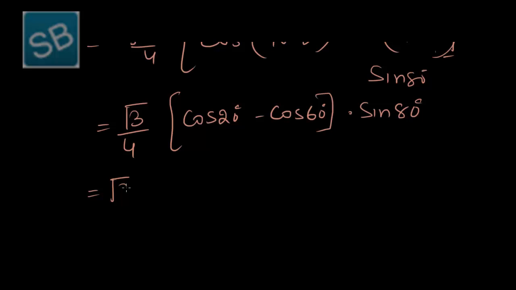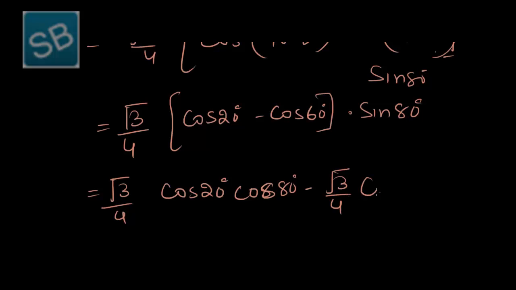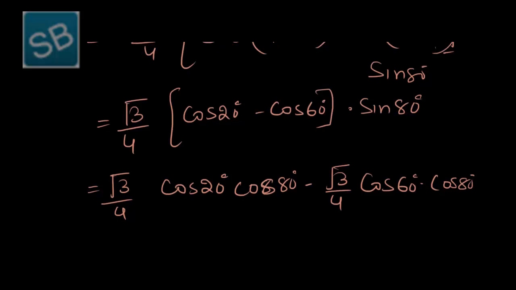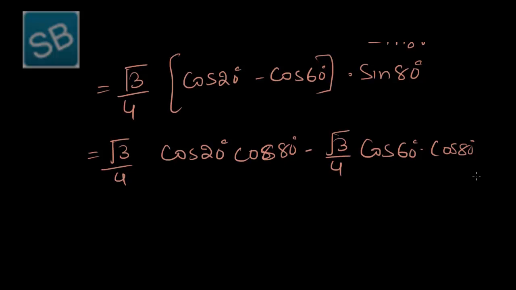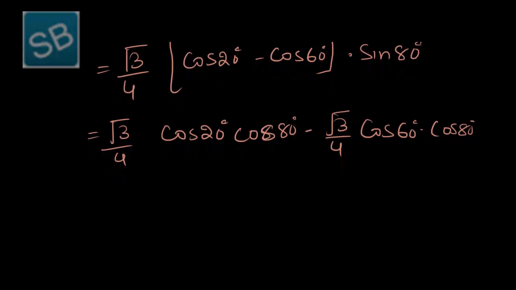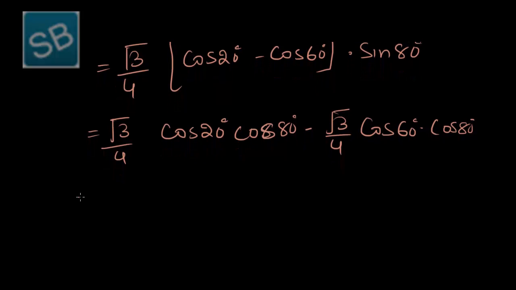So we get root 3 over 4 cos 20 degree into cos 80 degree, minus root 3 over 4 cos 60 degree into cos 80 degree. Again cos 80 degree. So what is the value of cos 80 degree? That is 1 over 2. And in the first expression, again we will multiply and divide by 2.